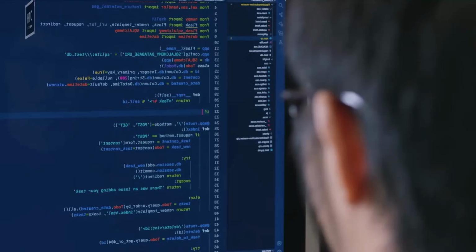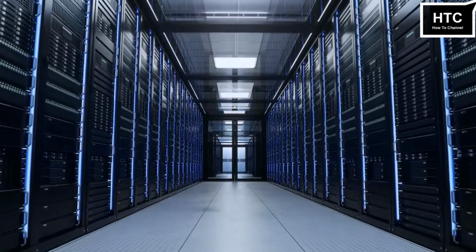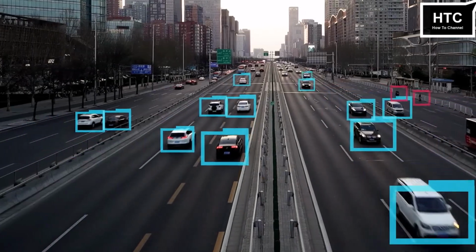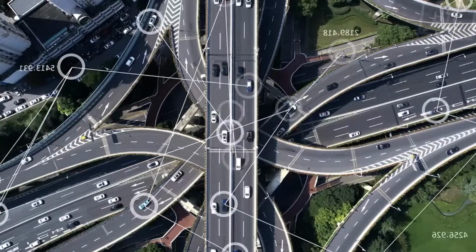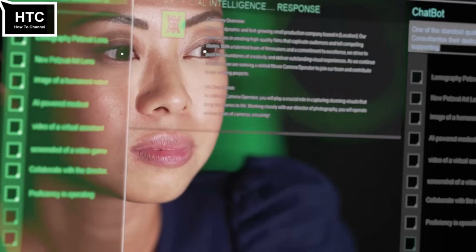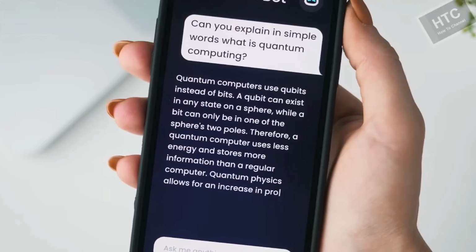A GPT understands language by breaking it into tokens, small units that may represent a character, a syllable, or a word fragment. Every token becomes a number, every number becomes a vector, and every vector flows through a structure called a transformer.